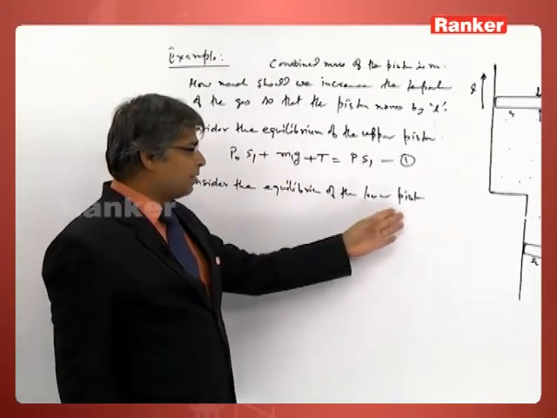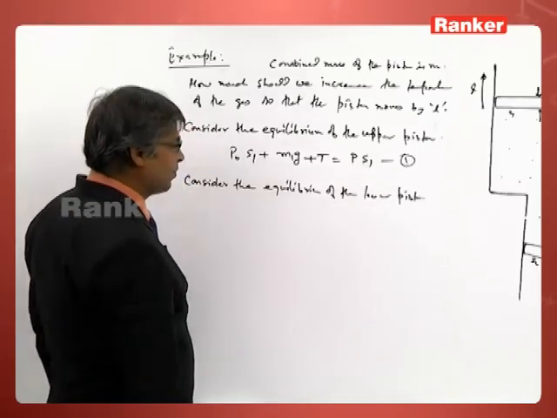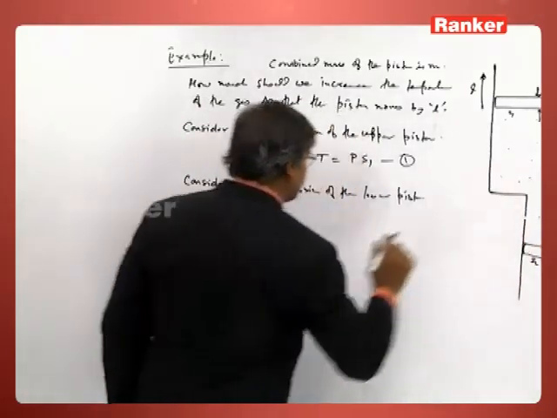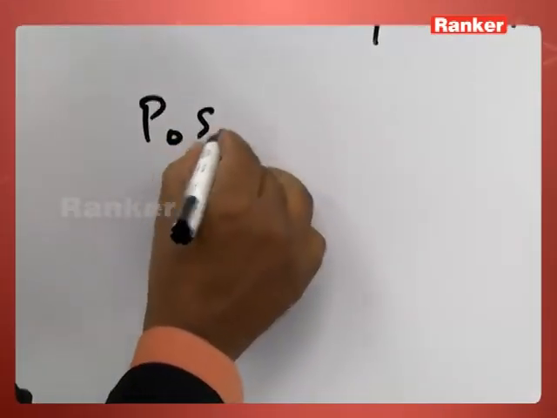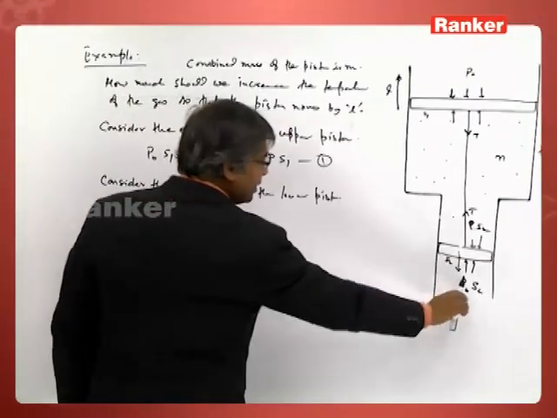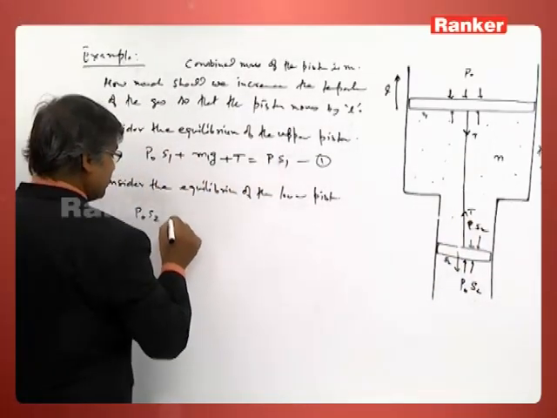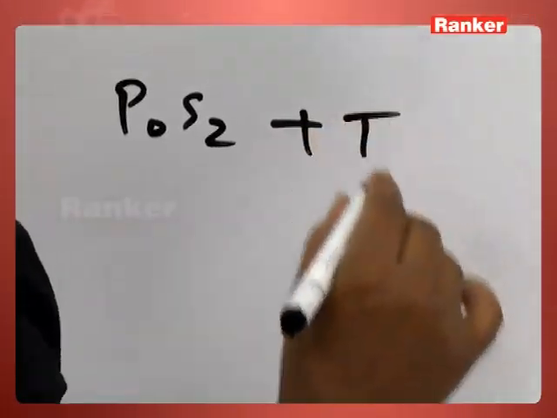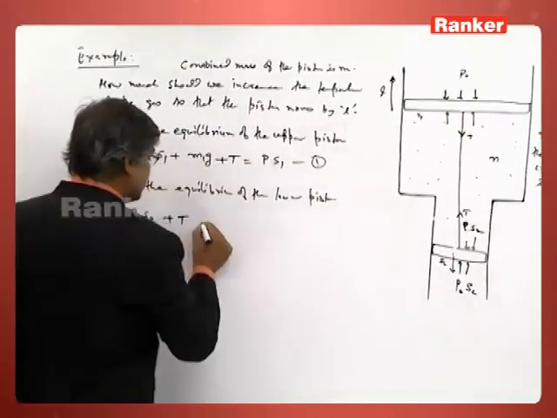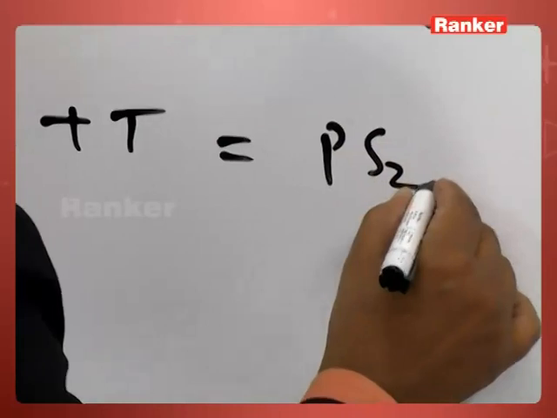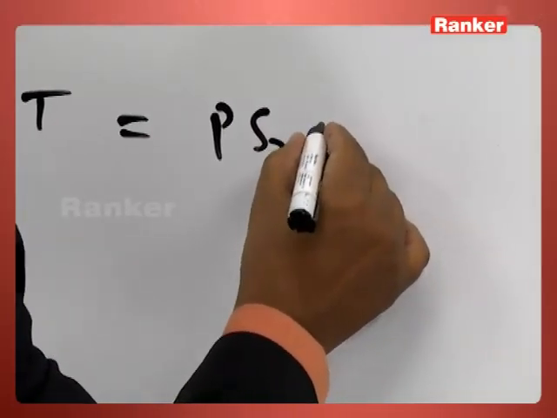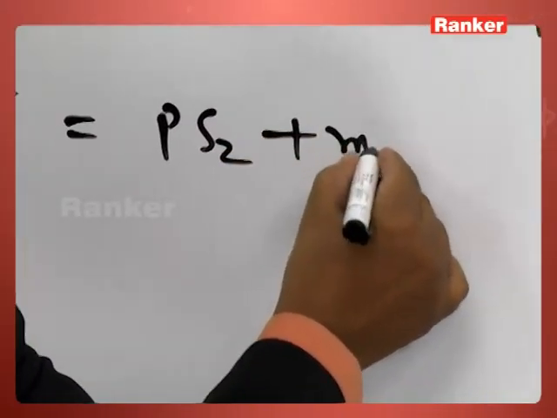Now consider the equilibrium of the lower piston. The total upward force is P naught S2 plus T, and this is equal to the total downward force, that is PS2 plus M2G.